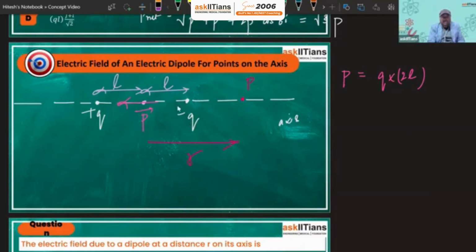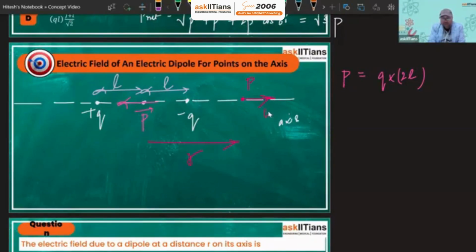So what would I do? We have two charges here. I'll find the electric field due to plus Q separately, minus Q separately, and then do the vector sum. That is the superposition principle. Okay. So what about the electric field due to plus Q? It would be somewhat in this direction.